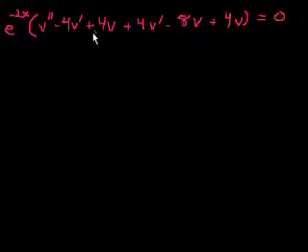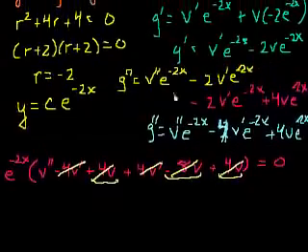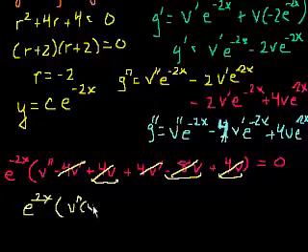I have plus 4v, plus 4v, plus 4v, that's plus 8v, minus 8v, so those cancel out. And then I also have minus 4v prime, plus 4v prime, so those cancel out. And lo and behold, we've done some serious simplification. It ends up being e to the minus 2x times v double prime of x, now that we've saved so much space, is equal to 0.